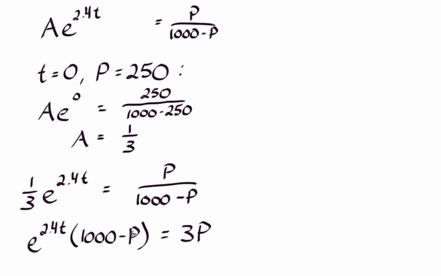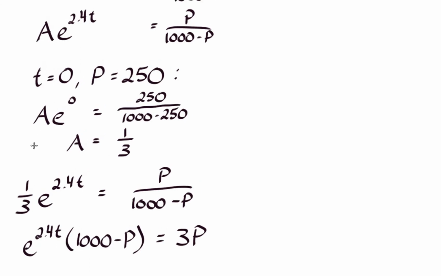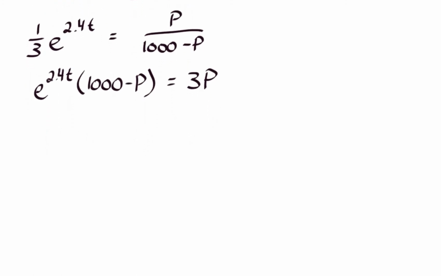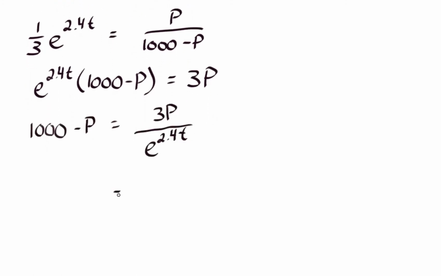So we can see here with 1000 minus p, if we can get that by itself, we'll be able to just add p to the right hand side, so that we'll have a chance at gathering the like terms together. But we've still got this e to the power of 2.4t. So let's divide both sides by that. But so that we're not dealing with a fraction, let's just think of this as e to the power of negative 2.4t.